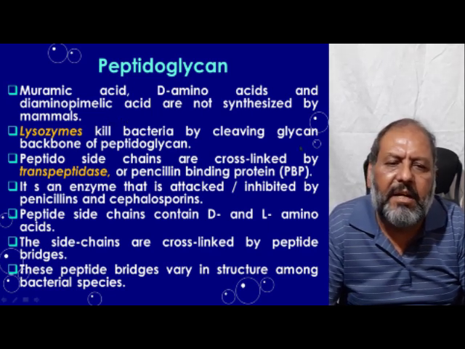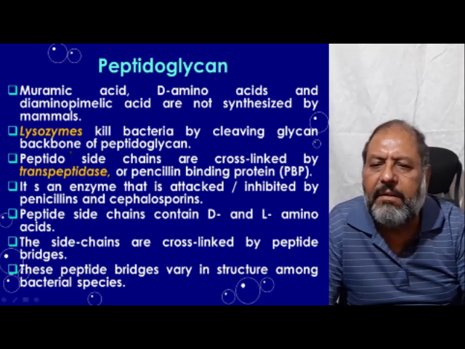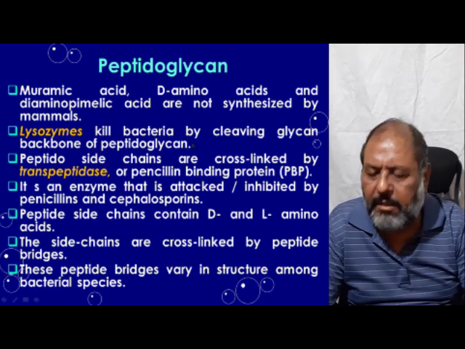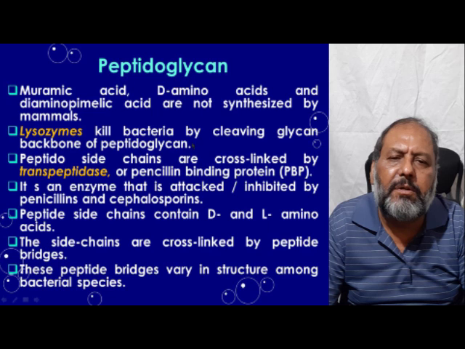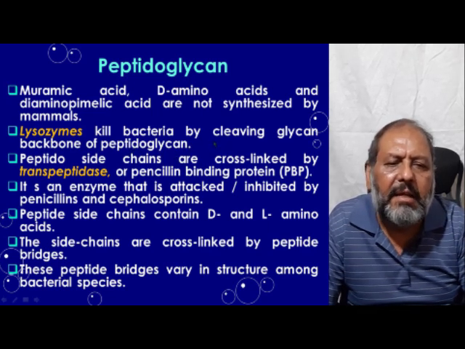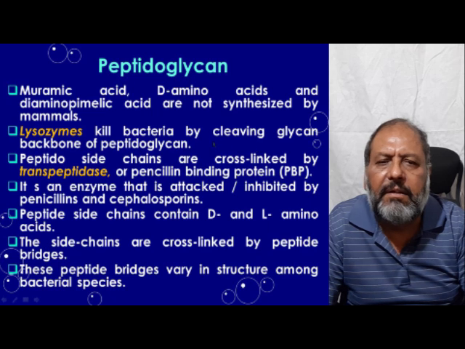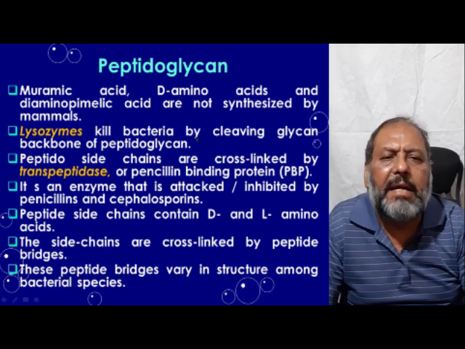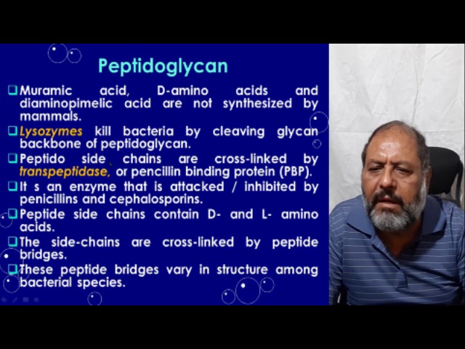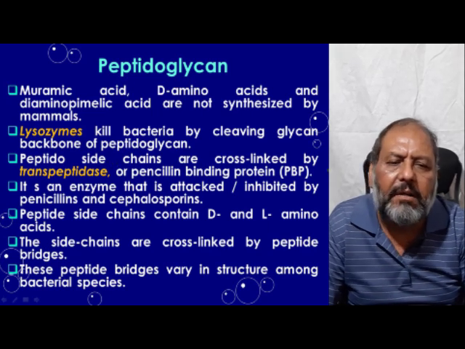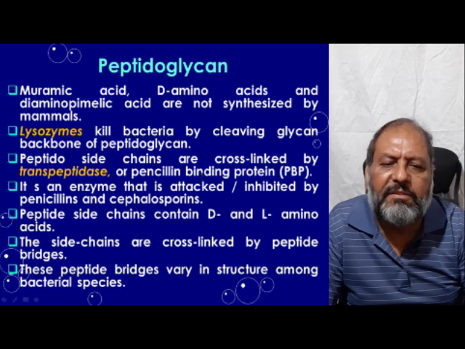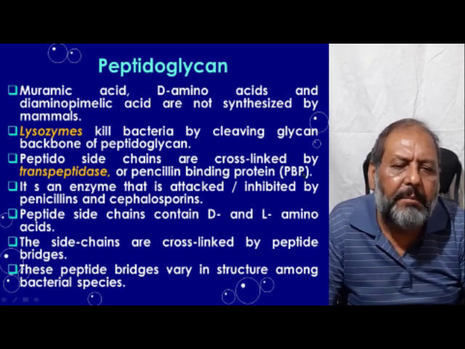Lysozymes kill bacteria by cleaving the glycan backbone of the peptidoglycan. So the antibiotics attack this peptidoglycan, cleaving the glycan and breaking that ladder, making the bacteria collapse. Peptide side chains are cross-linked by the transpeptidase, or penicillin binding protein, PBP.